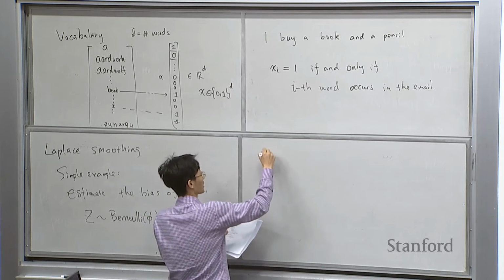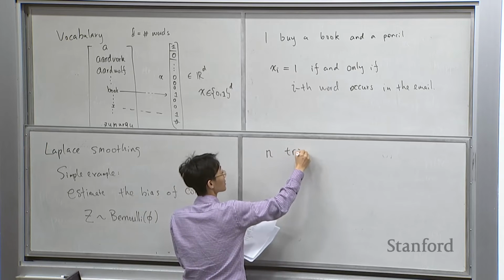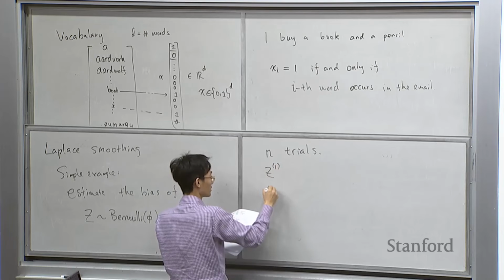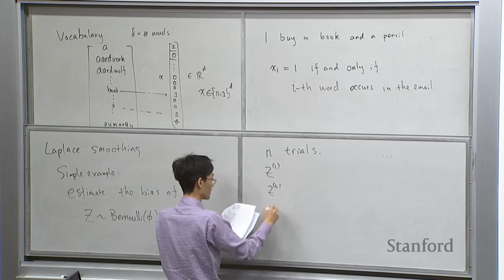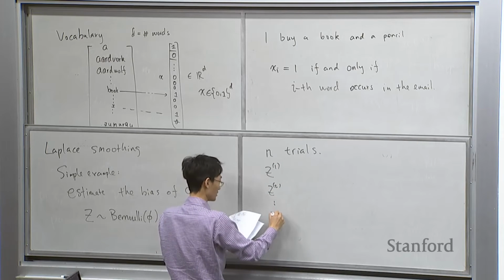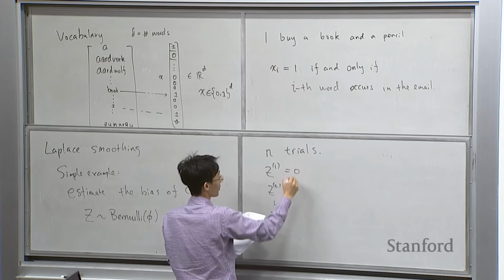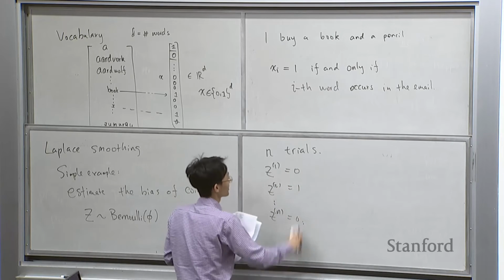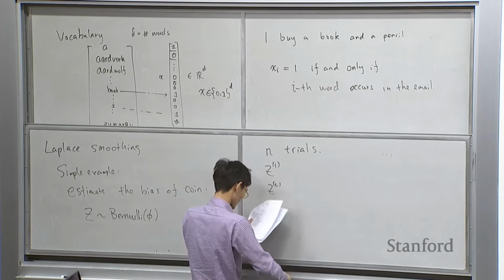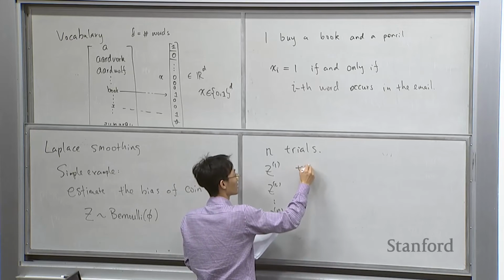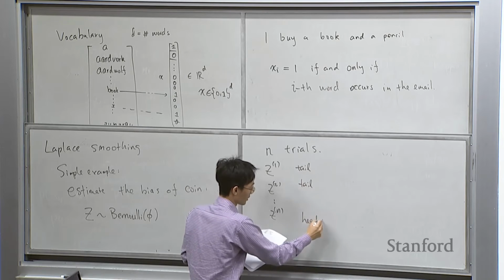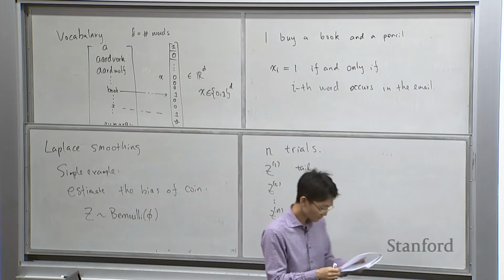So suppose you have n trials, and let's call them z1, z2, up to zn, and each of these is either 1 or 0. In my notes it's called tail and head, so I'll just call it tail and head. And you want to estimate what phi is.